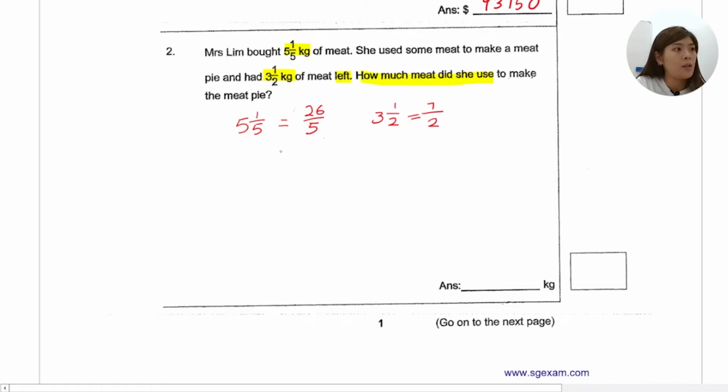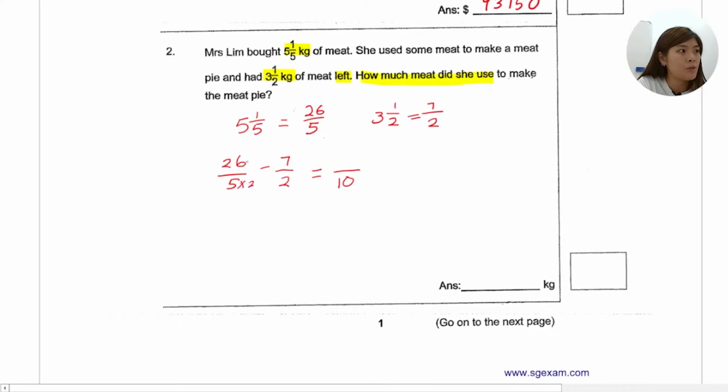Next, how much meat did she use to make the meat pie? You know it's the difference between these two, correct? So you take 26/5 minus 7/2. To do this, we need to change them to the same denominator.